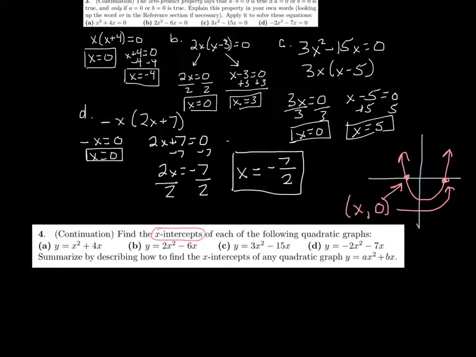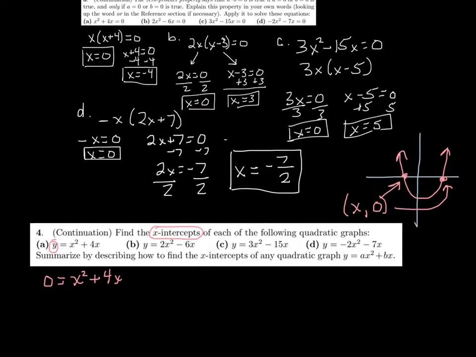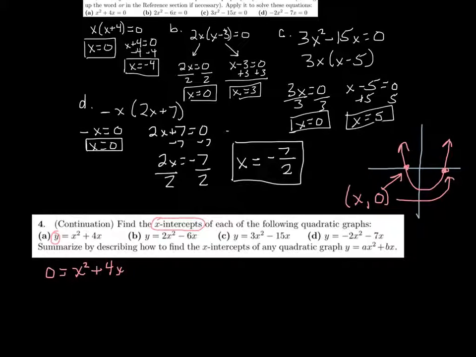Well, if you look at A here, if we plug in a 0 for y, we would get 0 equals x squared plus 4x. We just did this problem. We just did it right here, x squared plus 4x equals 0. So it's virtually the same problem. The only difference here is we're talking graphically instead of in equation form.